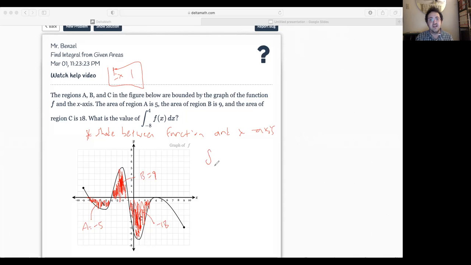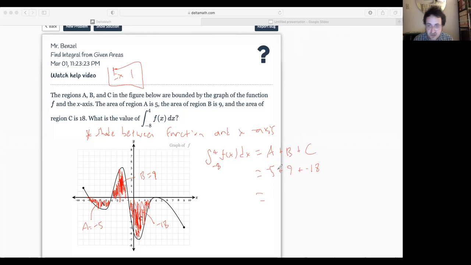So we can say that the integral from -8 to 4 of f of x dx is equal to capital A plus capital B plus capital C. I'm just going to add up those areas, and I get 9 minus 5 minus 18.